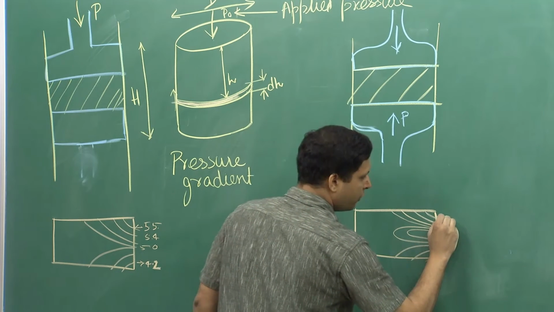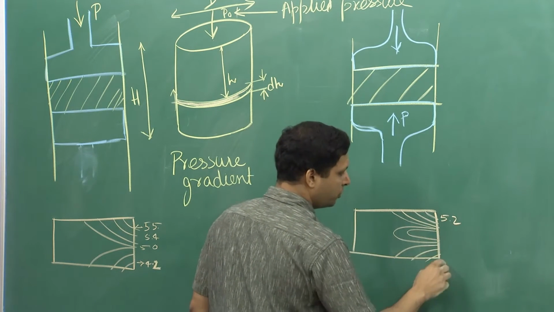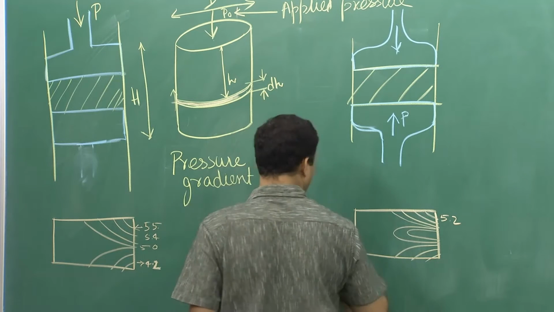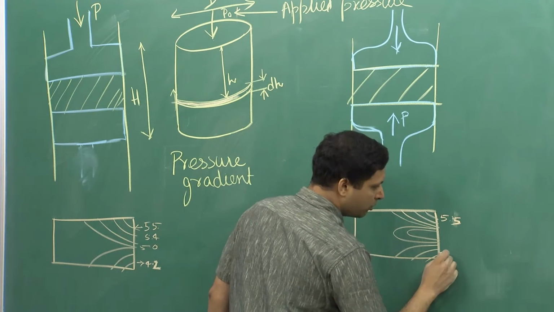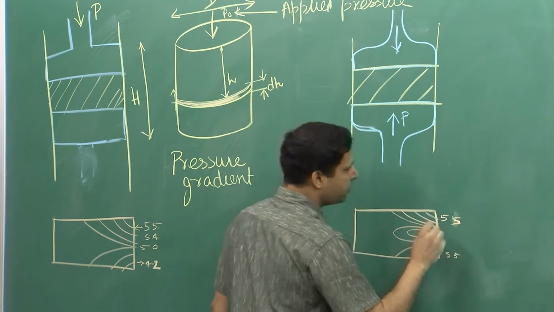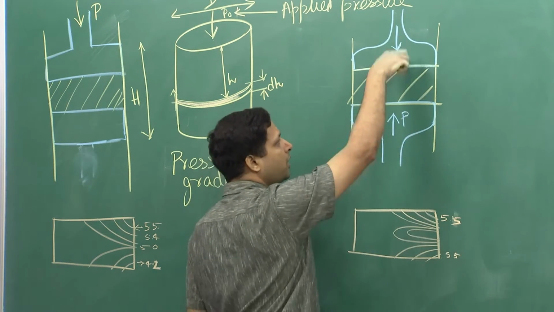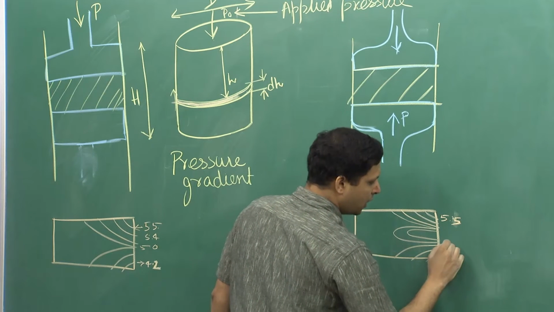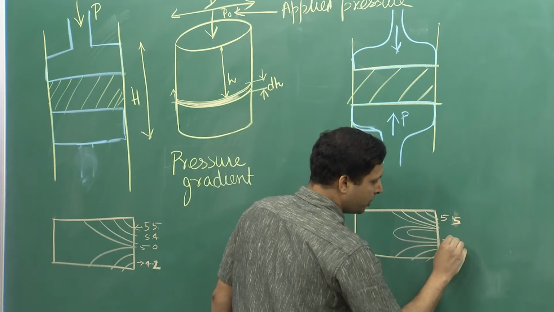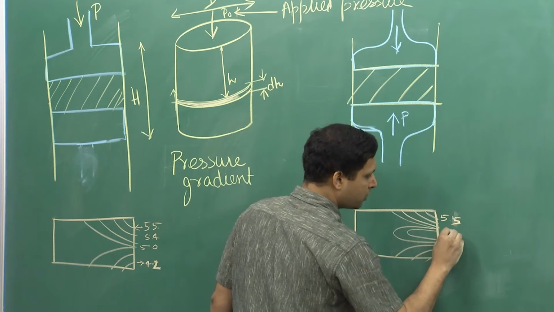So, now here you will have a very high density, 5.5, let us say. If we have 5.5 over here, it will also be 5.5 here by simple symmetry, because you are applying pressure from here and from here. And let us say it gets down to 5.2 over here, so this will also be 5.2.